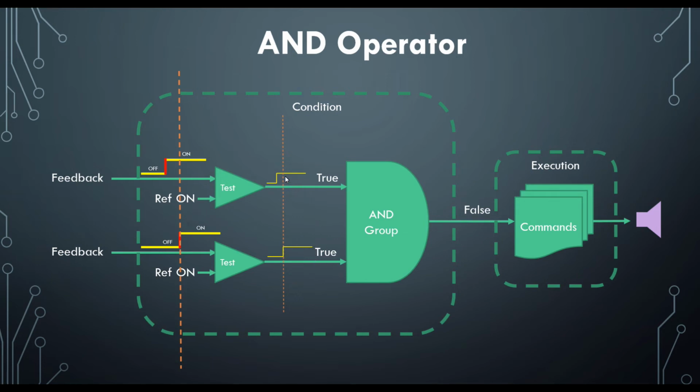The state on the other input condition has not changed. It is still true. So now both inputs are true at the same time. The output of the AND therefore becomes true. The condition is now met, which executes the commands in the execution tab, and that then plays the sound file.